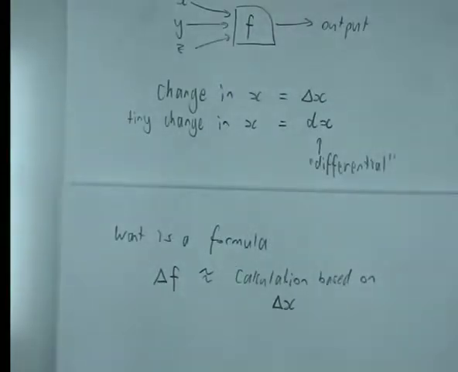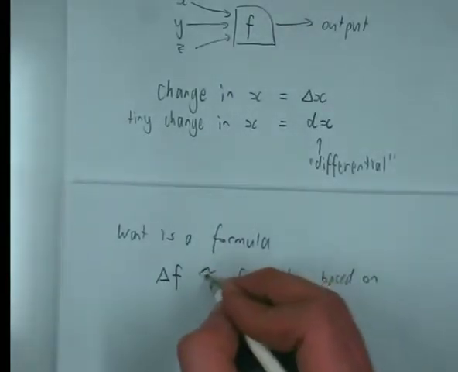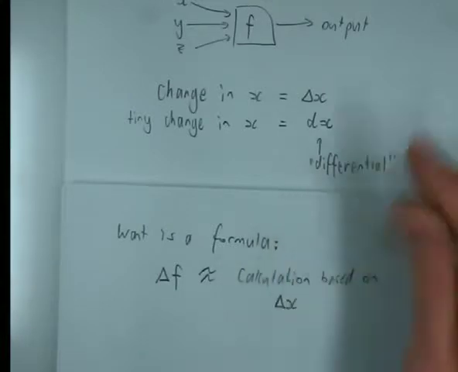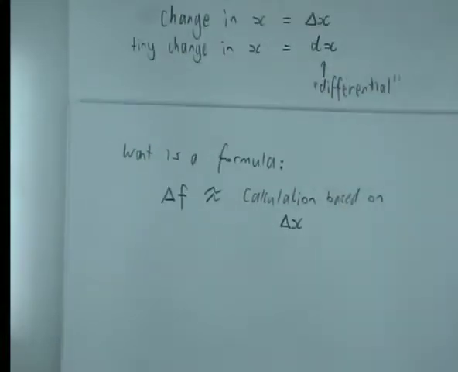Okay? So that's an approximately equal to sign there. So it's saying if we know how much x changes, we should be able to do some sort of calculation and figure out how much f, the outcome, changes. Okay? That's what we want a formula for. And what we want is, if we use really, really tiny changes, it'll be so accurate it'll actually be equal.